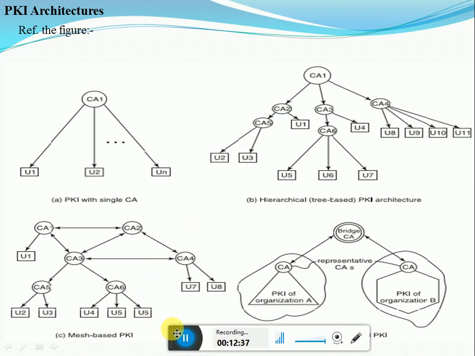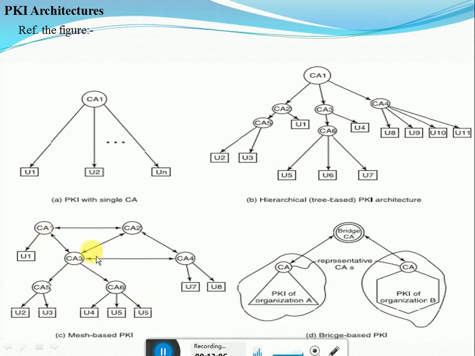Now to eliminate that particular drawback of chain of certificates, one more architecture was introduced, that is mesh based PKI architecture, in which these CAs have interconnecting paths through which they can communicate.